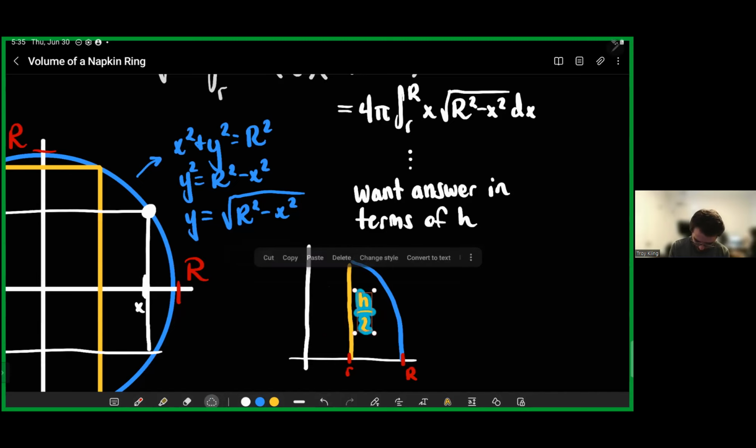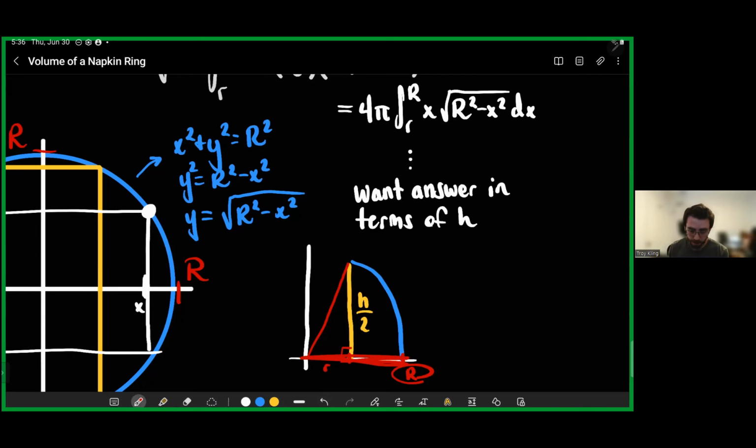So a nice triangle to draw would be this. There's a right triangle. I know that this side is just little r. So let's move that over to here. I have that the yellow side is h over 2. And for the same reason that this distance is big R, so is this distance, the hypotenuse here. It's like a circle, it sweeps out the same distance the whole way. So I can put here capital R.